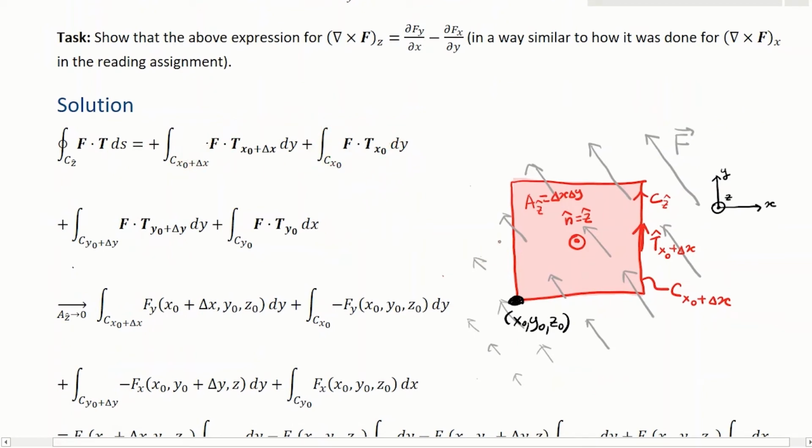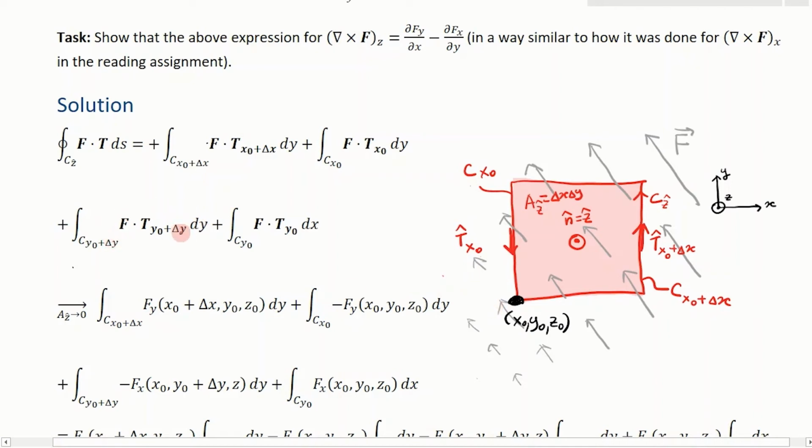The second contour is here, c x naught. It's located at x equals x naught. The unit tangent vector is called t hat x naught, and is pointing in the negative y hat direction.